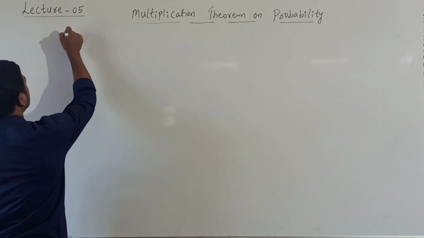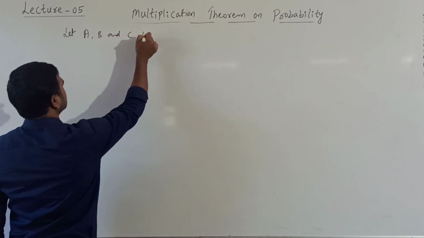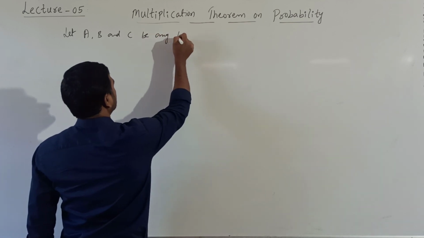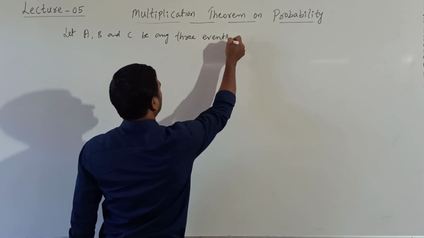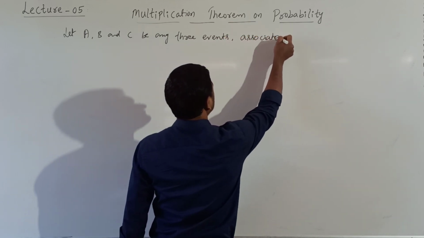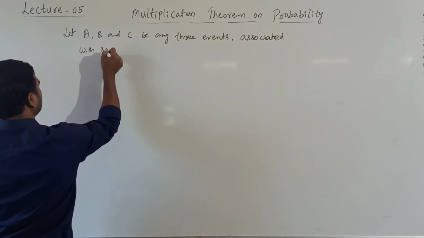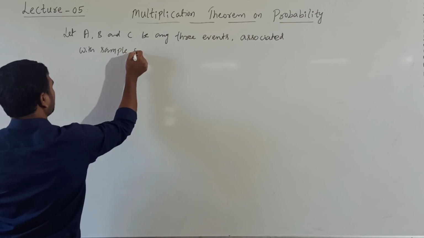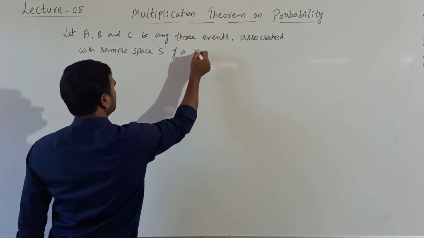Let A, B and C be any three events associated with the sample space S of a random experiment.